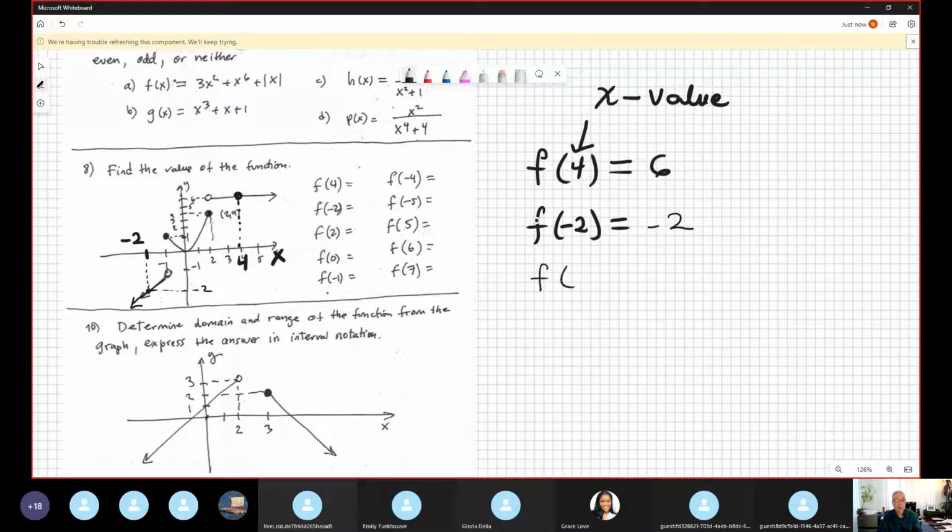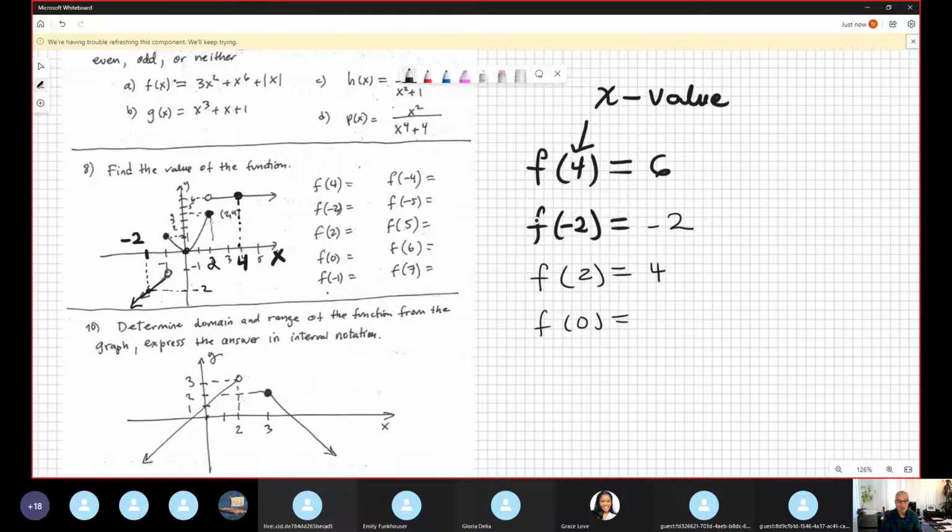f(2). Well, 2 is complicated, guys, because 2 is here. You find when they have a closed point, no, here a closed point, I suppose it is 4. And 0 is here.